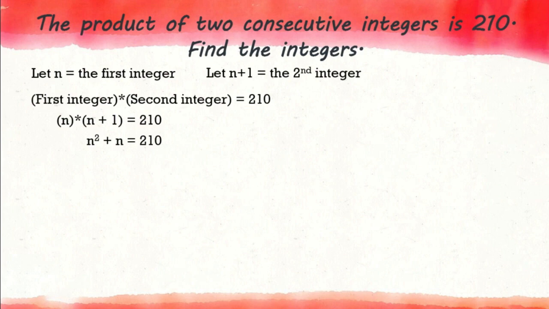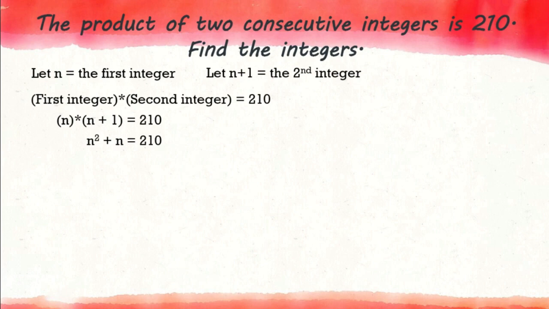In our case, we have to use the additive inverse property to transform it into standard form. The additive inverse of 210 is a number that when you add to 210, it gives us 0. That is only the opposite sign of the number.